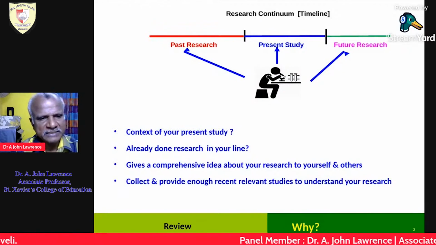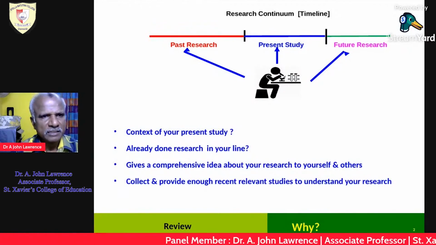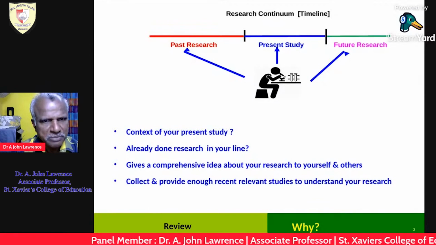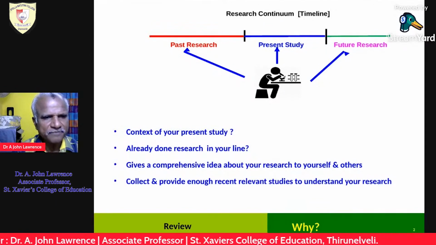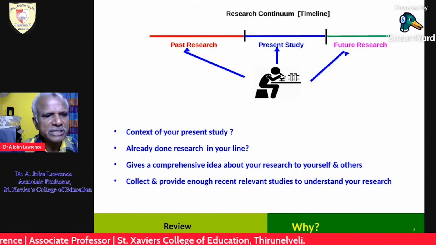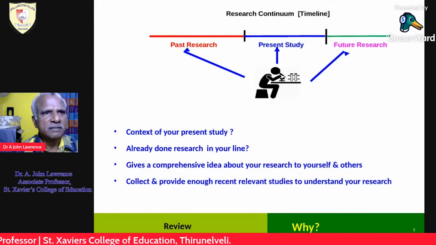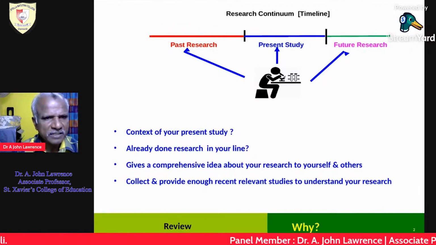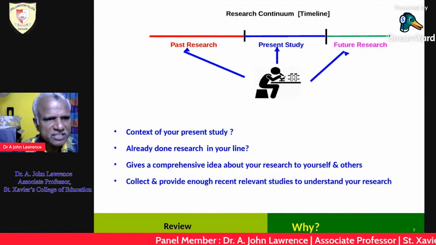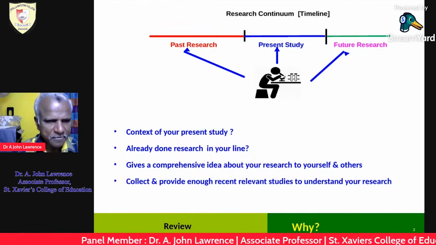Review of literature is the basic step to be done first in any research. The reason for doing review of research lies in the context. When I say context, any research is not 100% original.